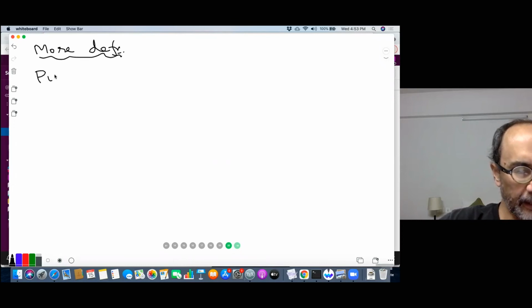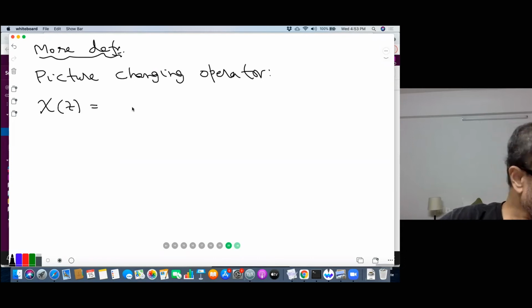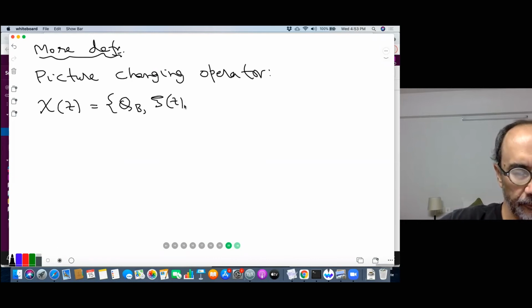Picture changing operator. Okay. So chi of Z will be defined as the anti-commutator of QB with xi of Z. We can also think of this.